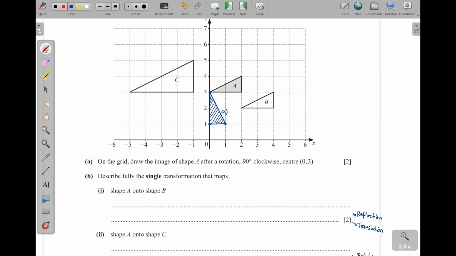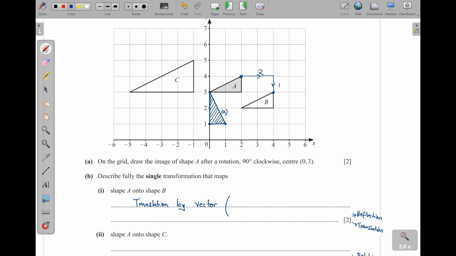A onto B, it is 2 marks. You can easily see that these 2 are looking the same. So they just shifted this A 2 units here and then 1 unit down. Like this point here came here. So we have 1 and then 2 units here. So these are 2 units and then 1 unit down. So we shall say this is translation by vector.